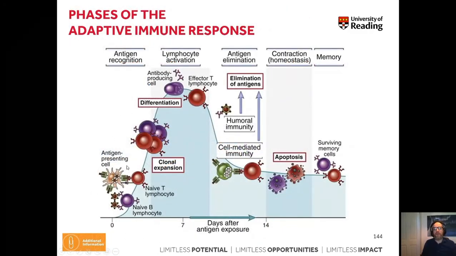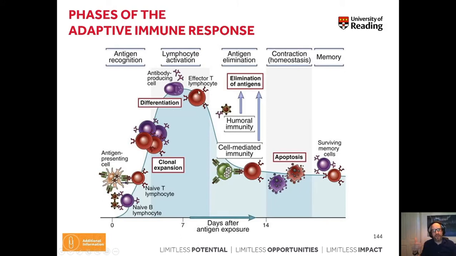So in the antigen recognition phase, dendritic cells, sometimes also macrophages, present the antigen to naive undifferentiated B cells and naive undifferentiated T cells. This leads to clonal expansion of both of those cell types. Then those cells differentiate, and the mature B cells or plasma cells start producing antibodies.